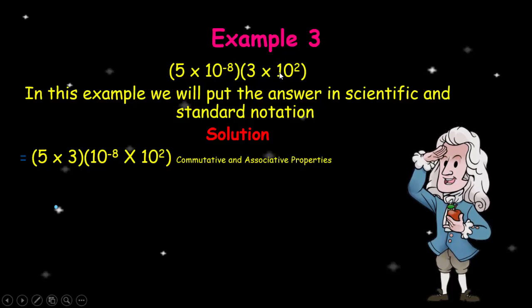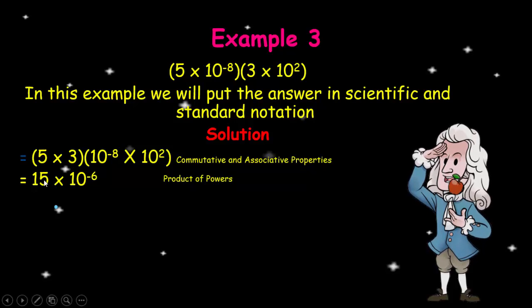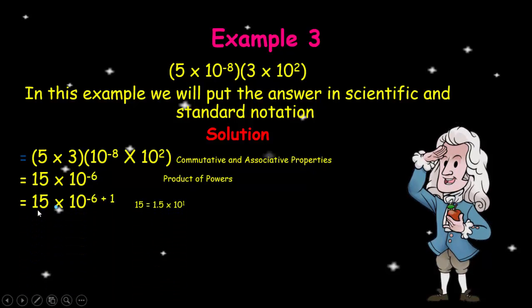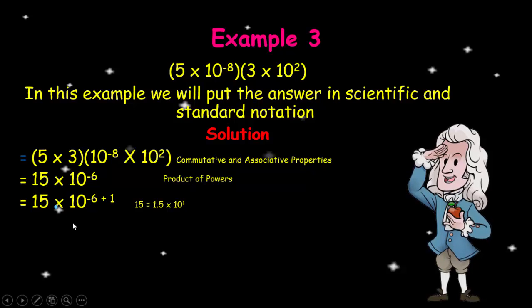Then we multiply 5 times 3 to get 15, and then we use our power rule to get 10 to the negative 6.